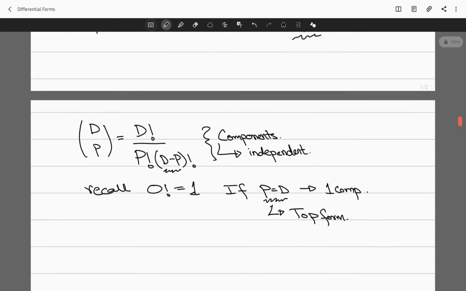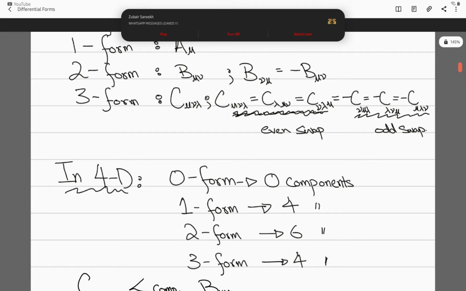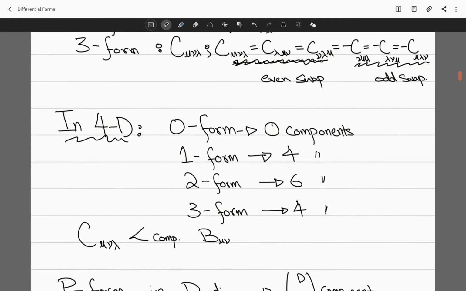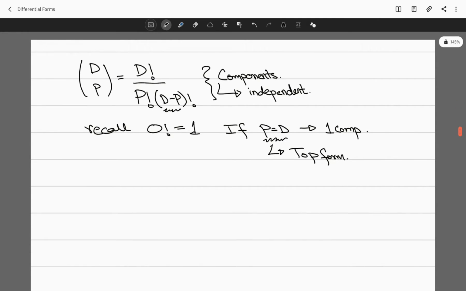Now at the moment, with all of this, things might not really seem so special, right? But very interesting things will happen when we consider products of forms.